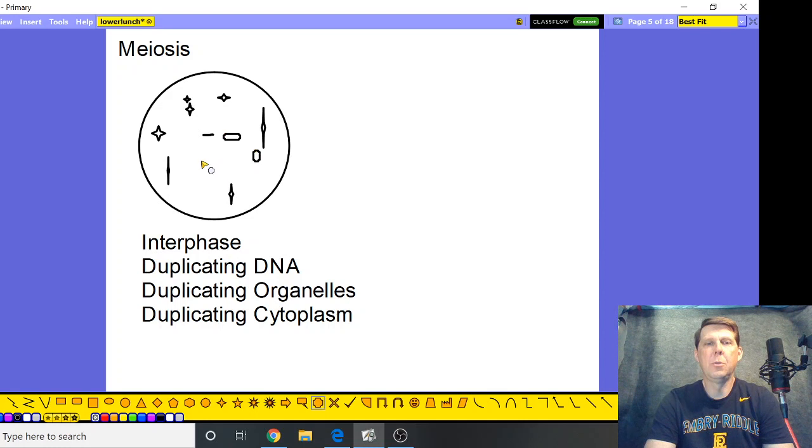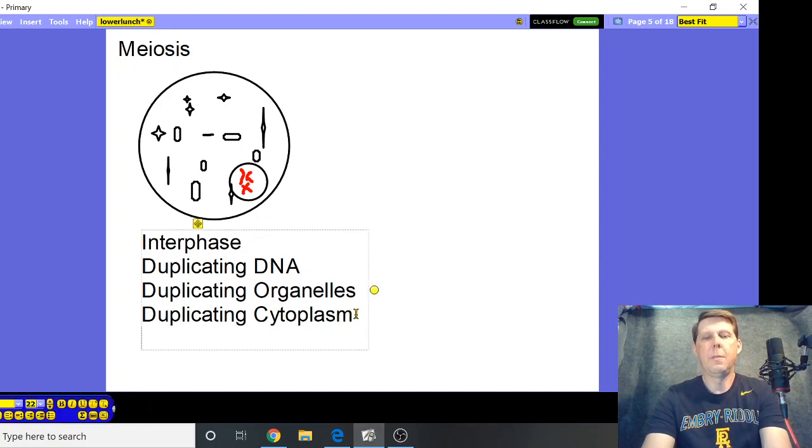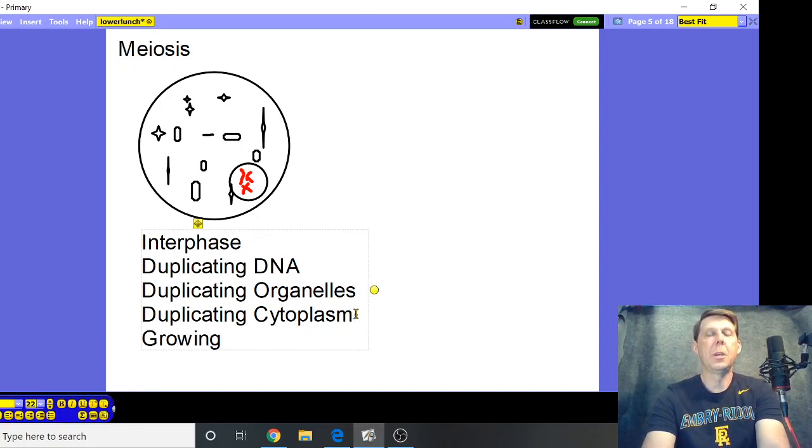So we're just showing that we're duplicating all of the organelles in here. And we'll put a nucleus. And we'll put our genetic material in. Some of them like that. Right? And then some like the X. Okay, interphase. And we could even say it is growing and developing because it's getting bigger, but it's also becoming more complex.